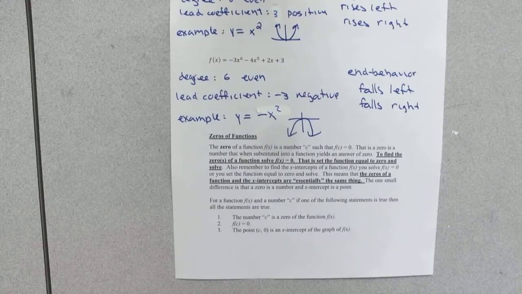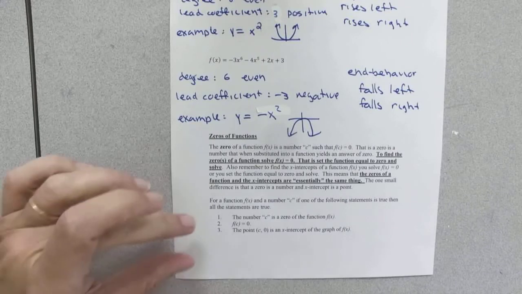The x-intercept technically would be the x value and then 0. So if my 0 was 12, my x-intercept would be (12, 0). If my 0 was -5, my x-intercept would be the point (-5, 0). I'm not going to get into that level of technicalities. If you want to think of zeros and x-intercepts as exactly the same, I'll let you think that. They're not quite exactly the same, but you can think that if you want.